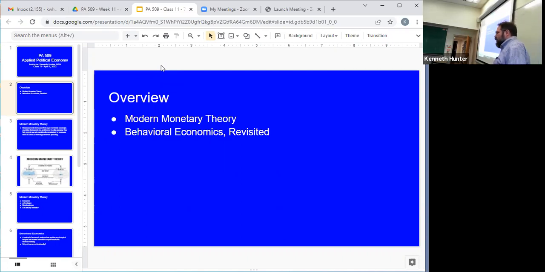You could easily argue that some of the things that have happened over the last 2 years in the COVID response and the policy response to COVID tie directly to the concept of modern monetary theory, and now we're dealing with the ramifications of that.